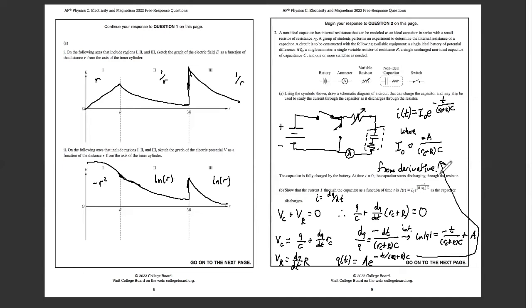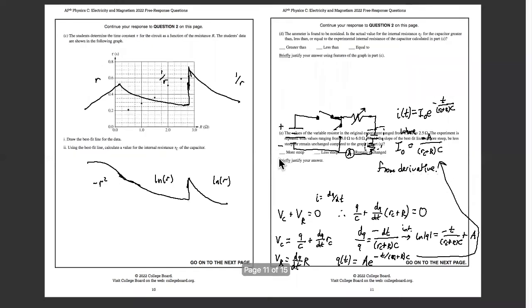All right, there we go. And that would get us correct units. A would have units of charge. Charge over capacitance is equal to voltage, and then voltage over resistance is equal to current. So I naught does have the correct units. All right, let's move on to the next page.